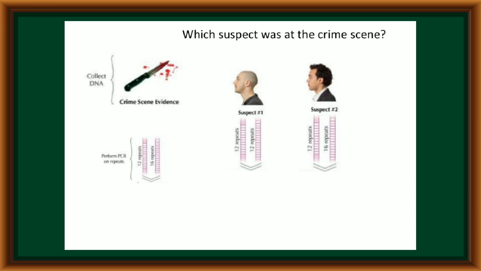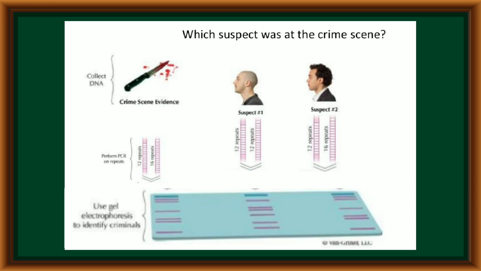Finally, the autoradiograms of all these are compared. Now it helps to identify the correct criminal. The blood sample forms characteristic bands in the autoradiogram. Now it is matched with suspect person 2, so suspect person 2 is identified as the criminal.